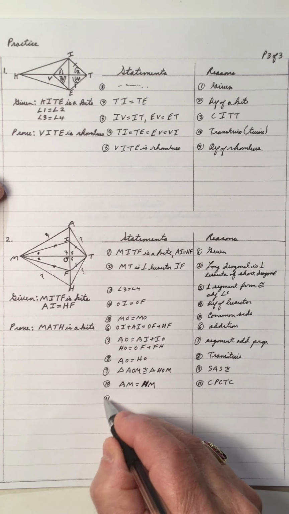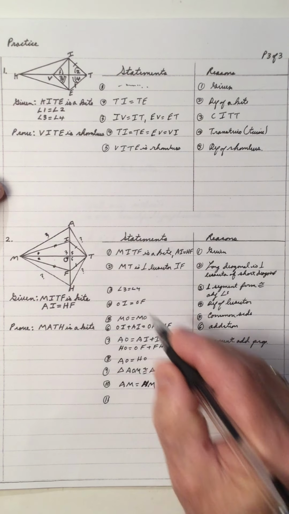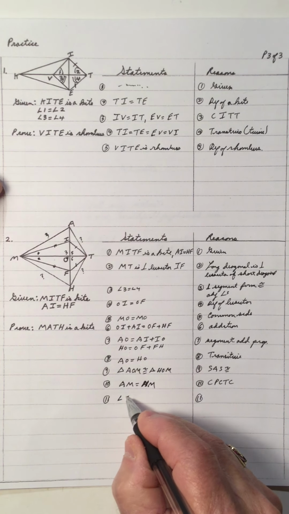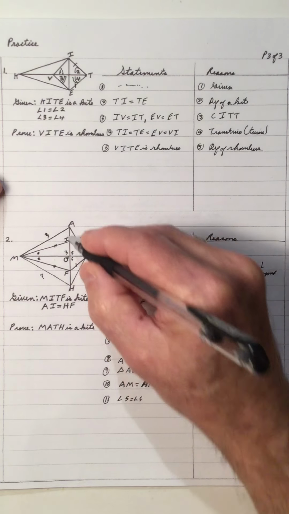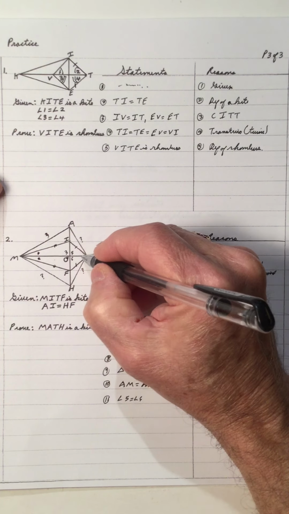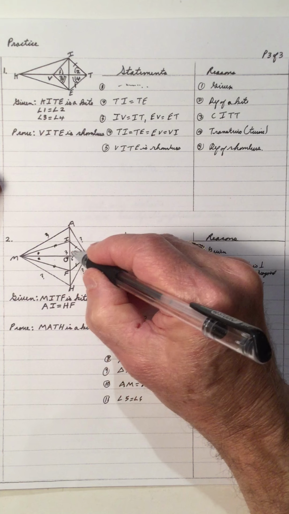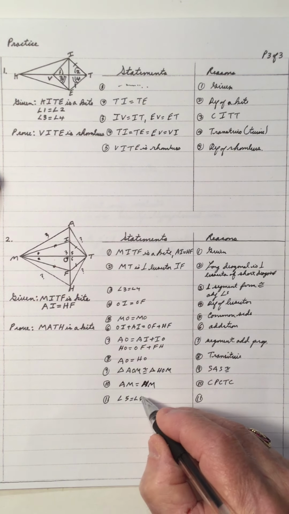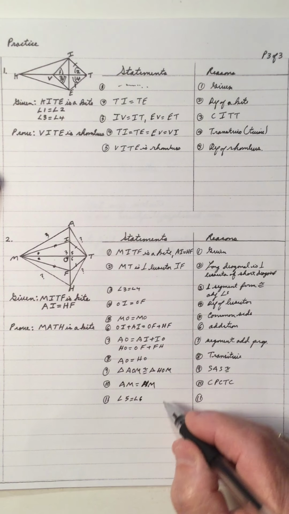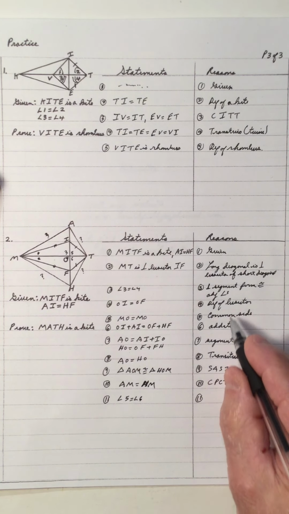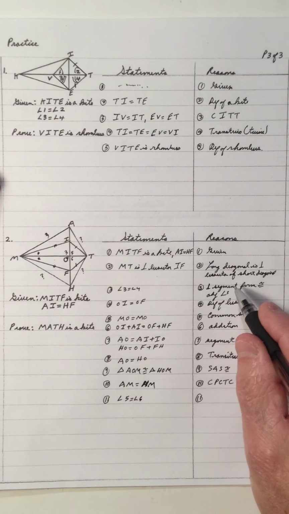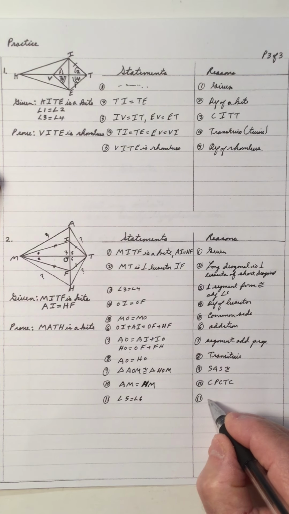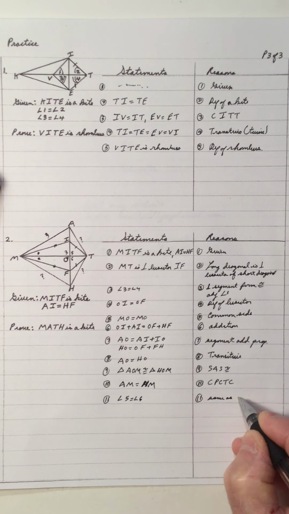The same will apply for the other side. I have angle 5 equals angle 6, so now I'm going to prove AOT is congruent to HOT by using the 5 and 6 angles. These two angles are equal because of perpendicular lines, the same as the number 3 reason.